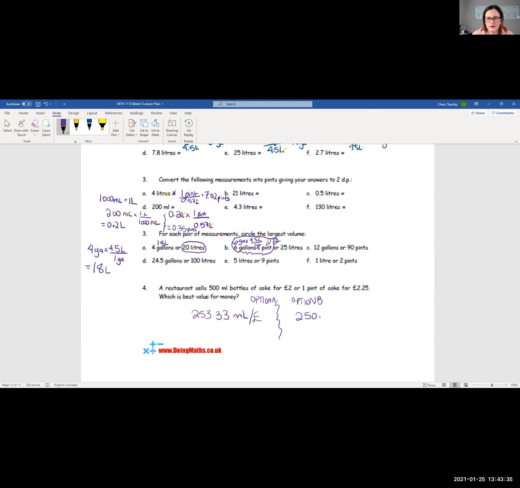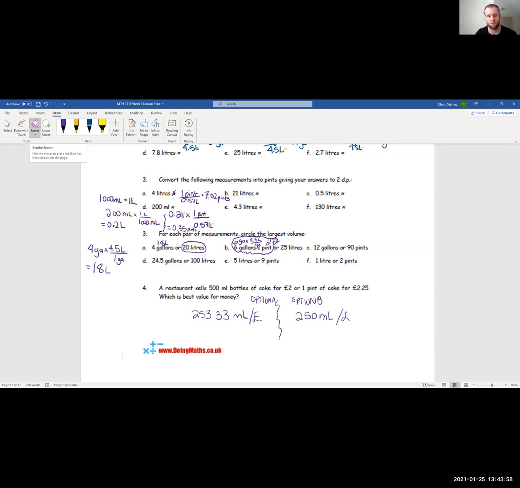Okay, and then 250 milliliters per pound, divide by 2. Okay, and so what was your ratio of mils per pound? 250 per 1 pound.